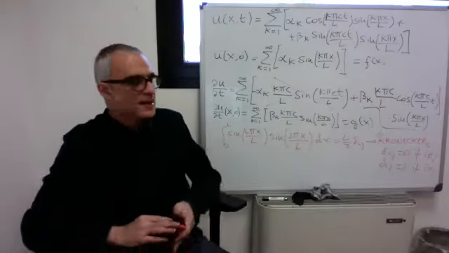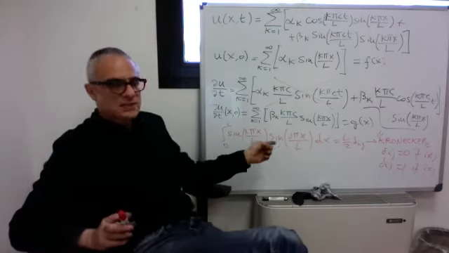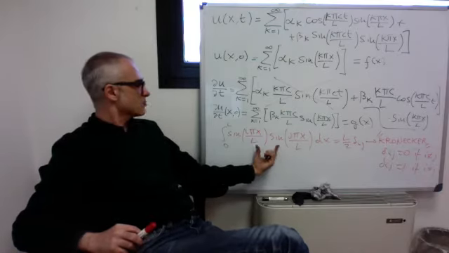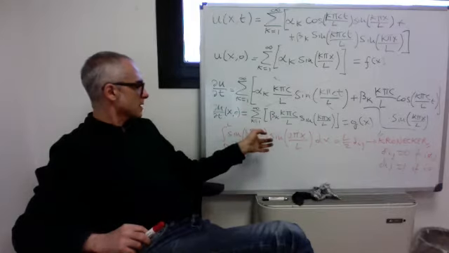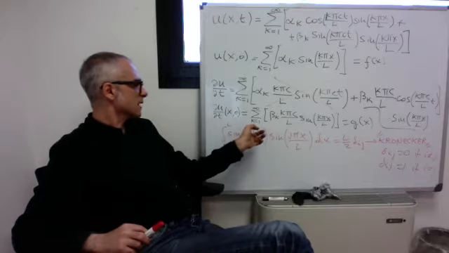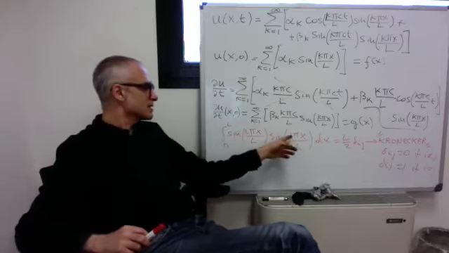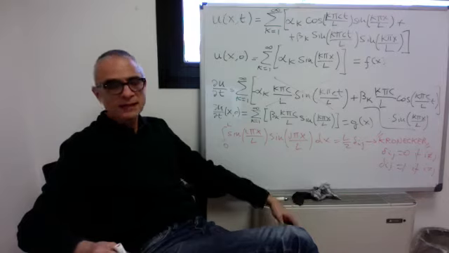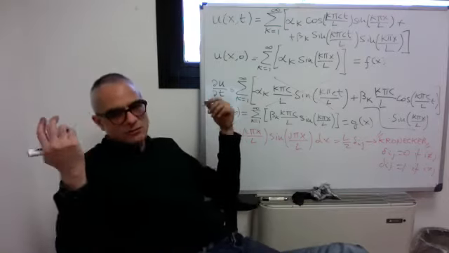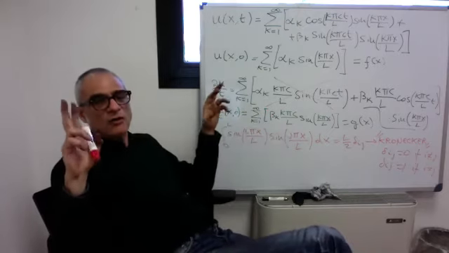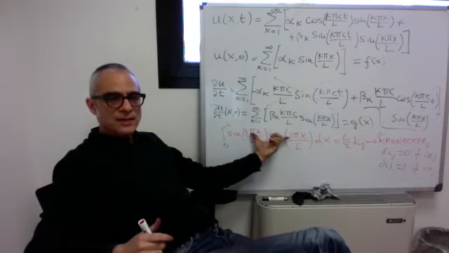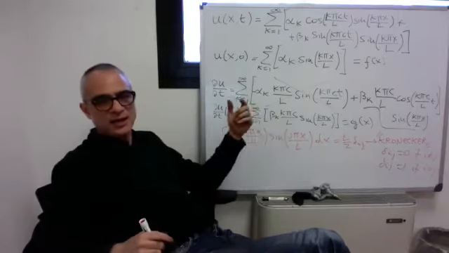So what I'm saying is that calculus teaches us that the integral of the product of two sines, where the argument is a constant times pi times x, multiplied by an integer number, multiplied by the same thing with another integer number, is going to be 0. These two functions are orthogonal to one another, unless the integers i and j are the same.